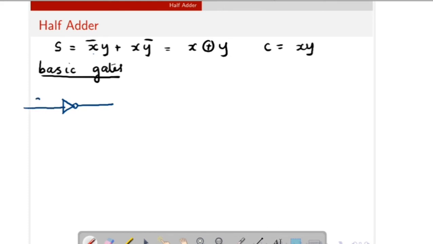So here it is x, here we have the x bar, then the y input, both are ANDed together, we get x bar y.